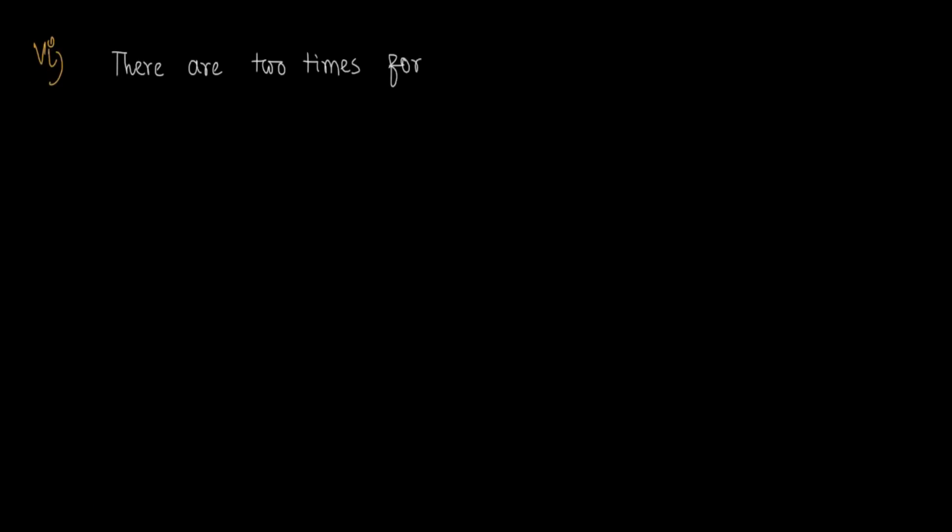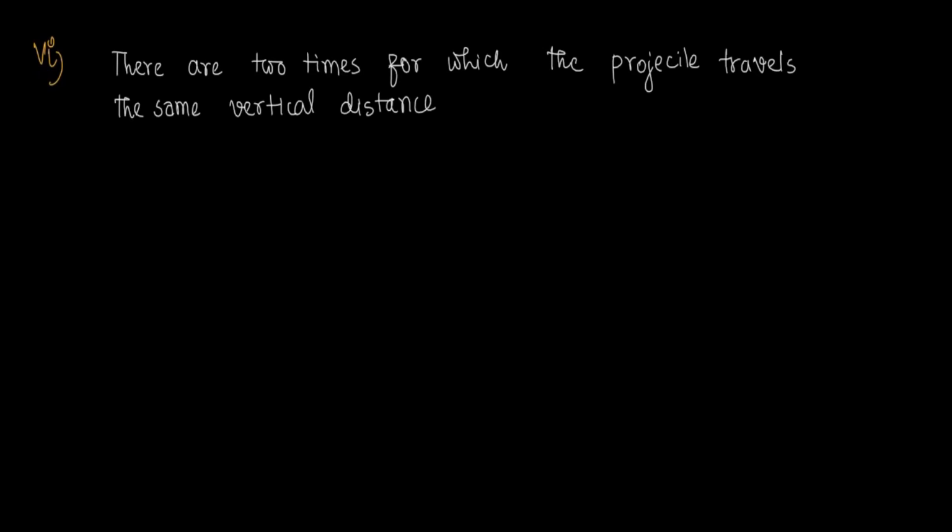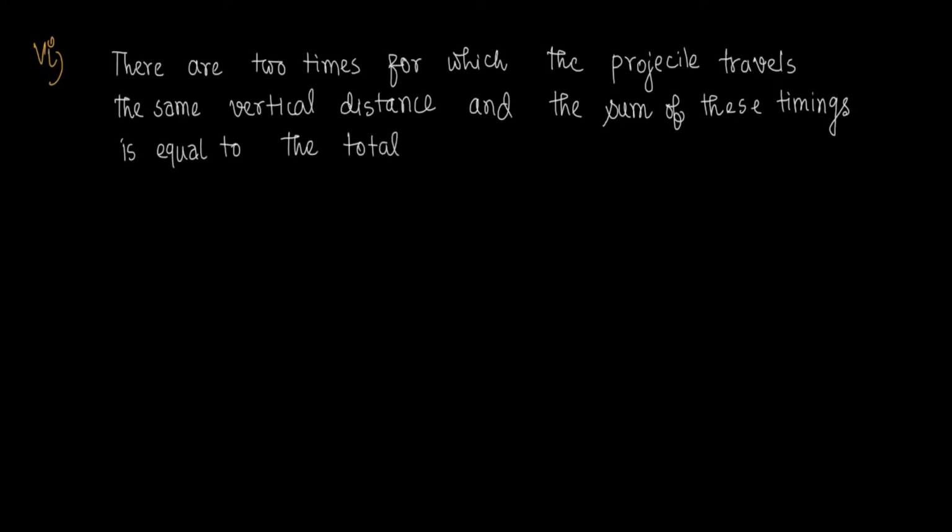We have to prove that there are two times for which the projectile travels the same vertical distance, and the sum of these timings is equal to the total time of flight.